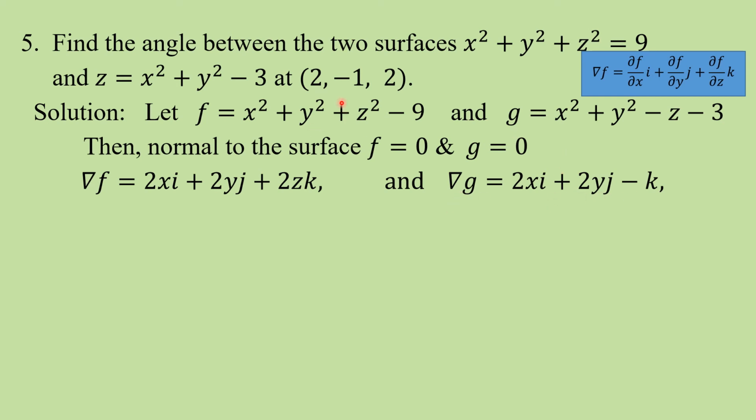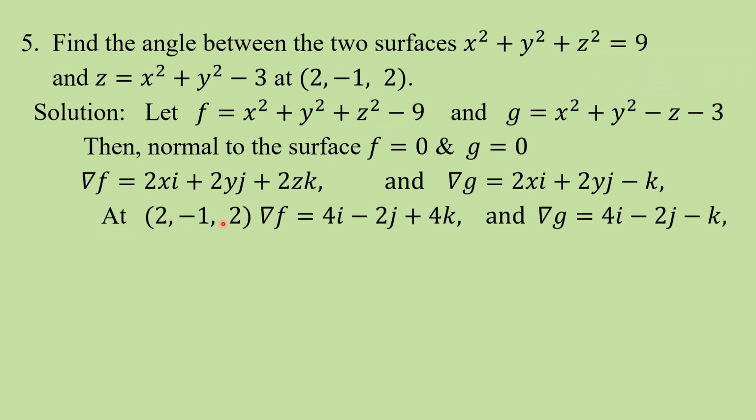Now at the point (2, -1, 2), the gradient to the surface f is 4i minus 2j plus 4k, and to the surface g, that is grad g at (2, -1, 2), at this point x equal to 2, y equal to -1, z equal to 2, substituting over here, we get 4i minus 2j minus k.